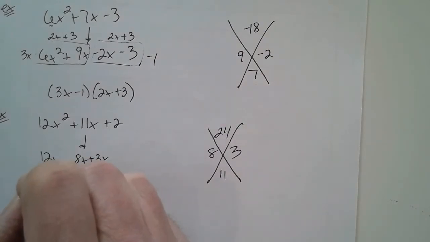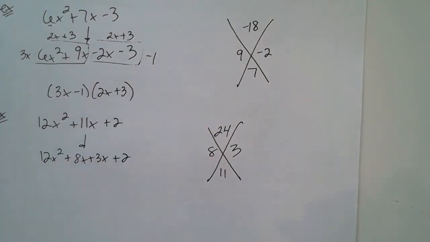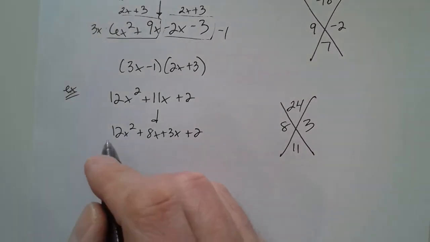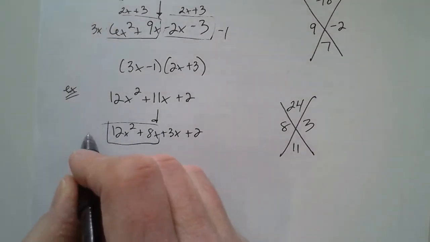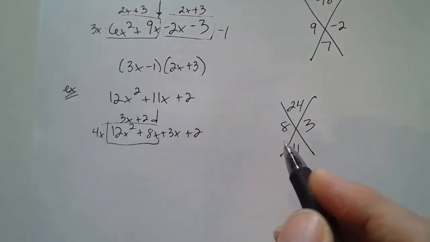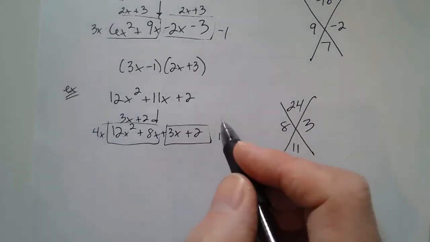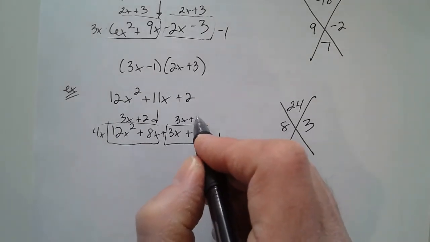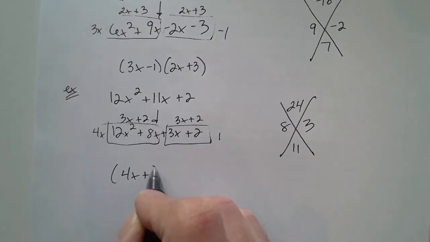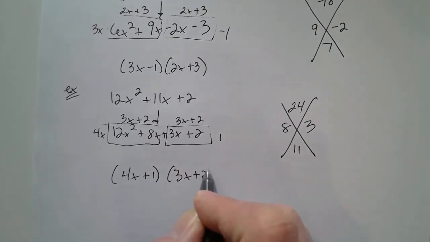I still have a 12x squared and a 2. Factoring by grouping, I could take 4x out here, left with 3x plus 2. I could take a 1 out, and I'm left with 3x plus 2. So it factors to be 4x plus 1 times 3x plus 2.